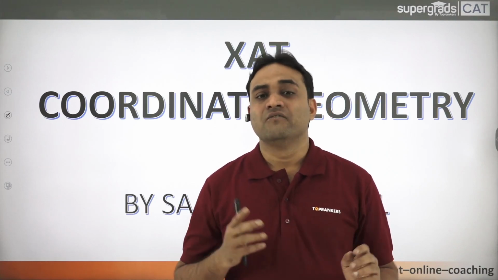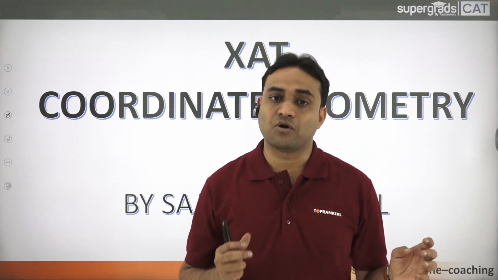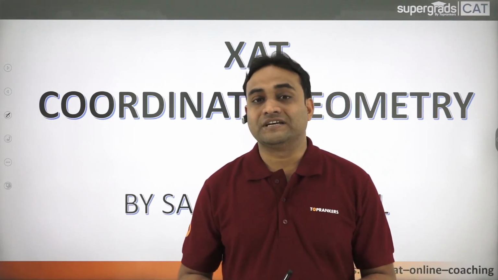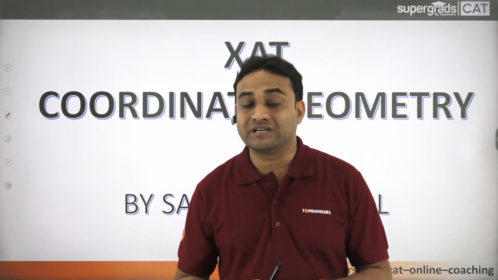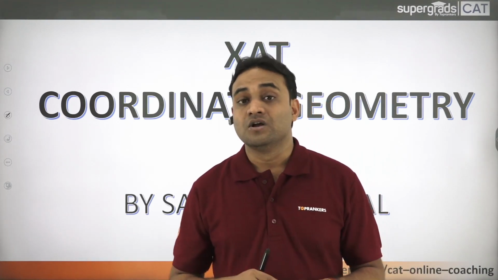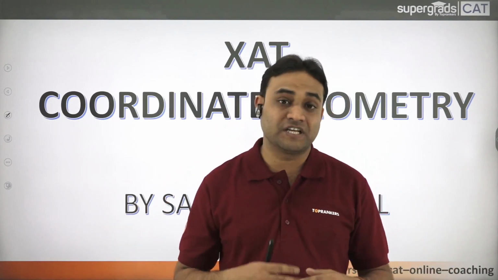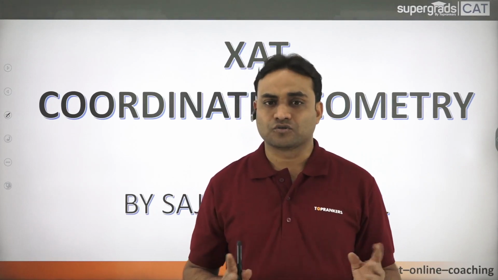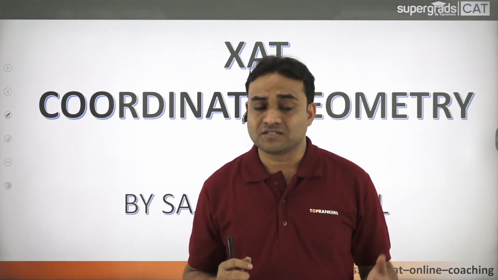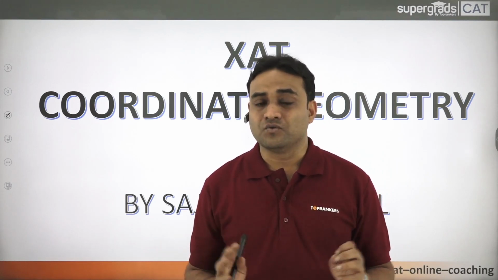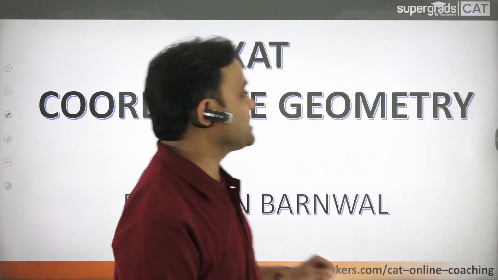Apart from that, we need to know the basic formulas of coordinate geometry, like how to find the distance between 2 points, how to find the equation of a line going through two particular points, how to find the slope of a line, or how to find the equation of a circle if the center and radius have been given. If you are not aware of those, I will ask you to get a basic view of these concepts. Okay. Now I'm going straight away to the questions.